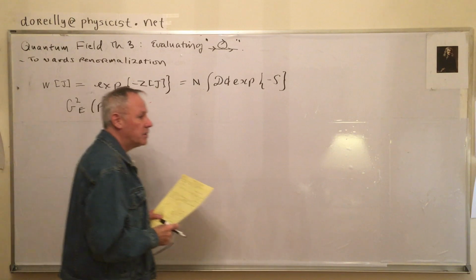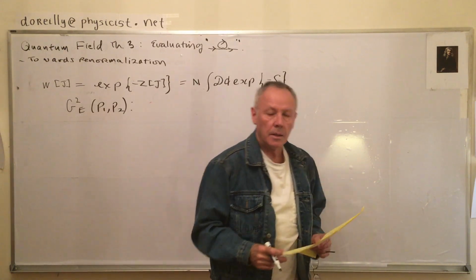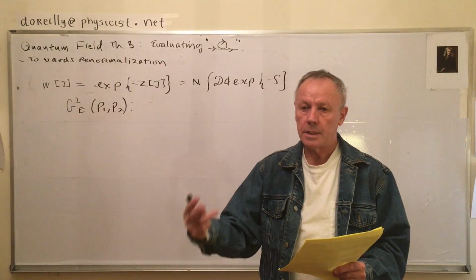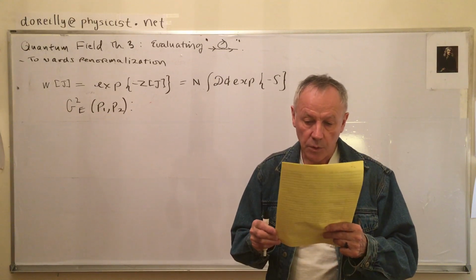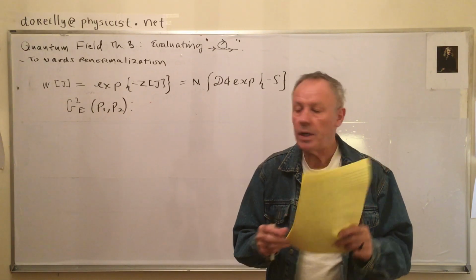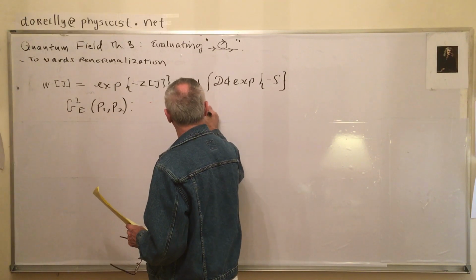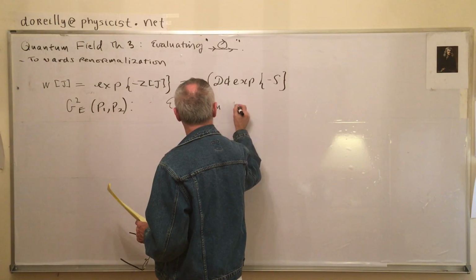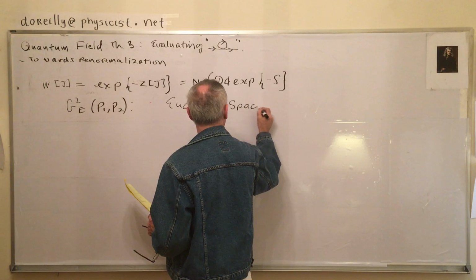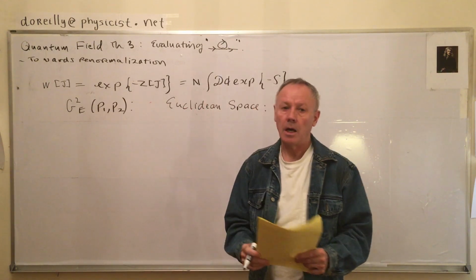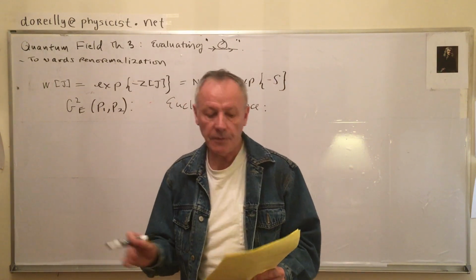You can have 4 points, 6 points, and so on and so forth. That's all I'm doing. And we're looking at, oh yeah, everything is in Euclidean space. That is a topic for a whole full half-hour lecture.